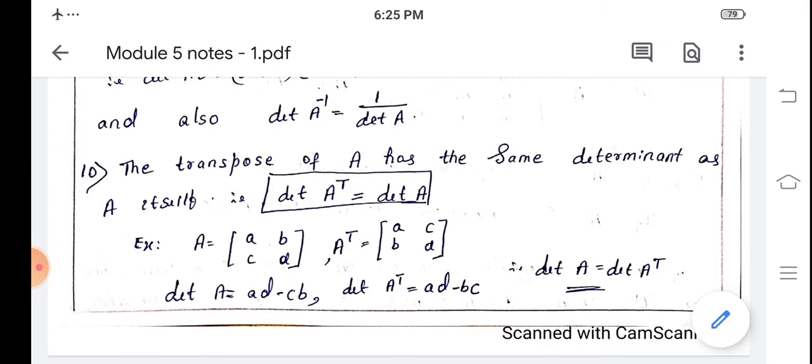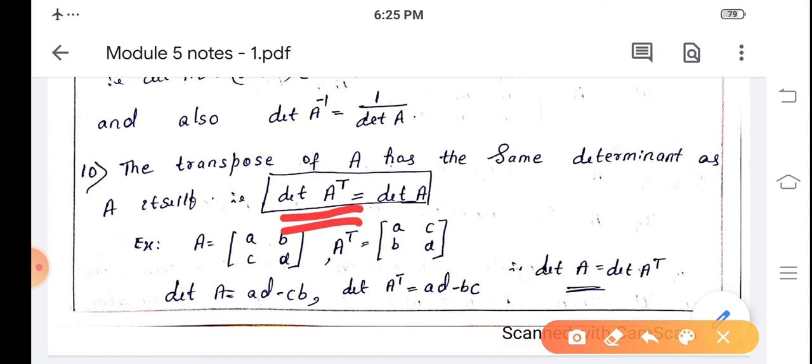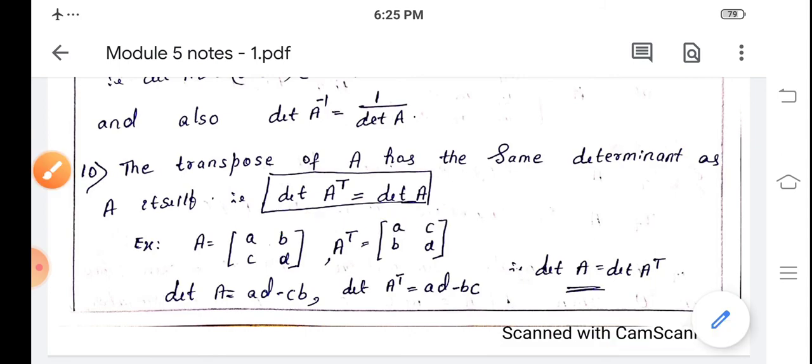That means determinant of A transpose will be the same as determinant of A.